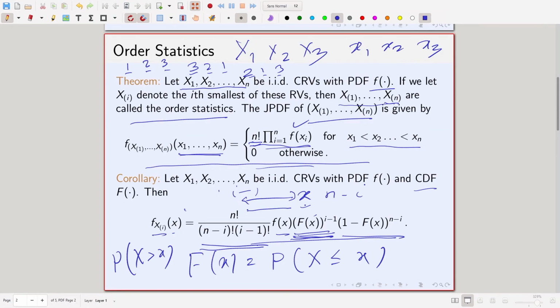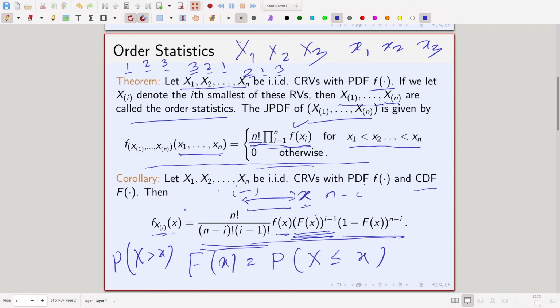So basically you are given n numbers, you have to divide them into 3 groups. The ith one should be x, i minus 1 should be less than that, and n minus i should be greater than that. In how many ways can you do such a thing? You can do it in these many ways: n factorial over (n minus i) factorial times (i minus 1) factorial.